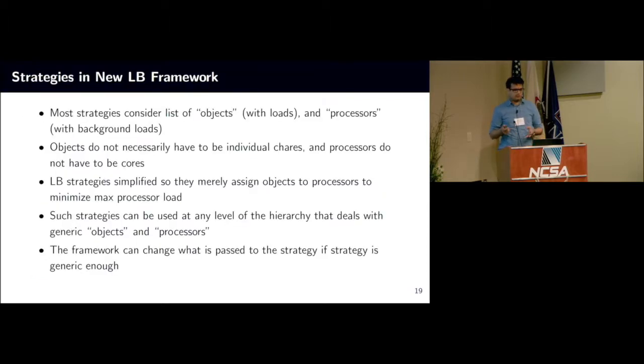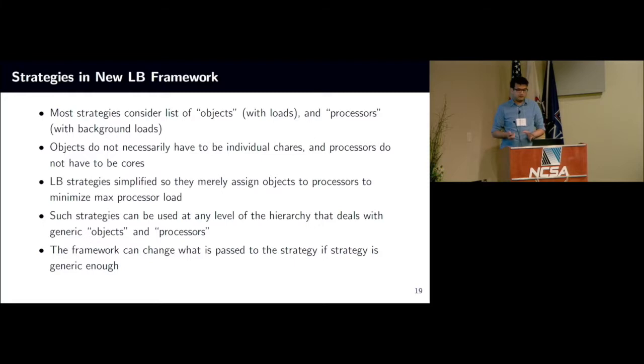Like I said before, one of the big things is that the strategies in the new LB framework are now very abstracted away from what values they actually get. So rather than needing objects to be objects or needing processors to actually be processors, the infrastructure can lie to the strategy and replace them with whatever it wants to. So for example, if you are agglomerating work from multiple chares to run on a GPU, you can present all of those chares as a single object to the load balancing framework, and it can move that around as an atomic unit.